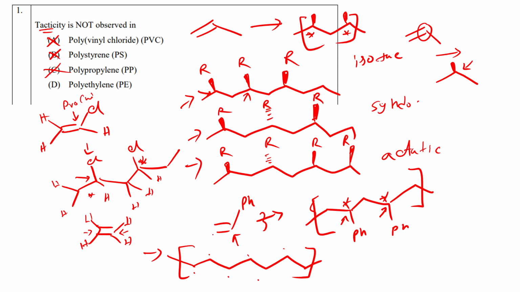Tacticity would not be there. So that's how you can decide D for this polyethylene case. The tacticity you are not going to see because there is no chiral center present in the entire polymeric chain. That's a way to solve this kind of question.